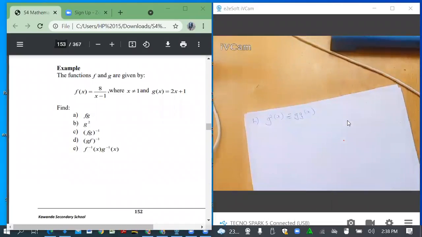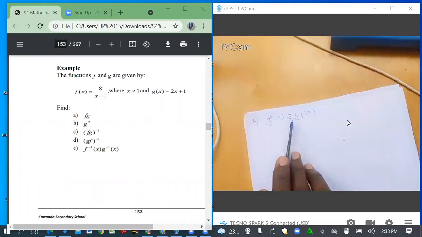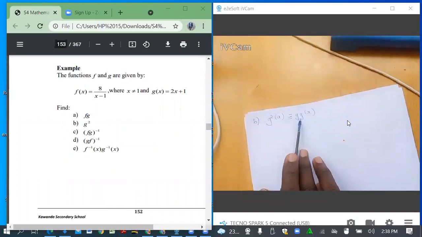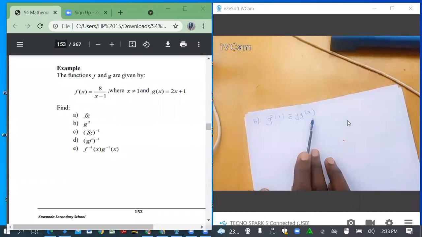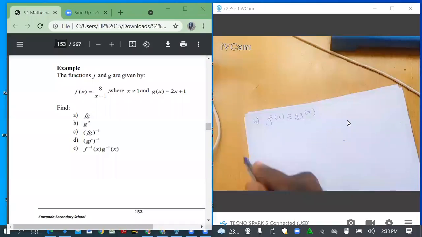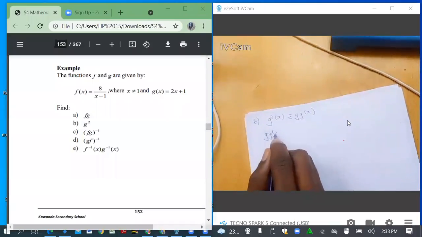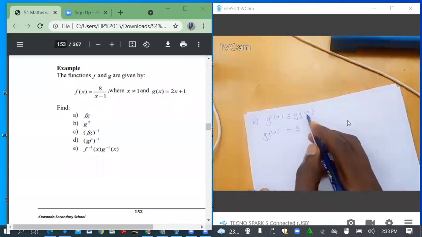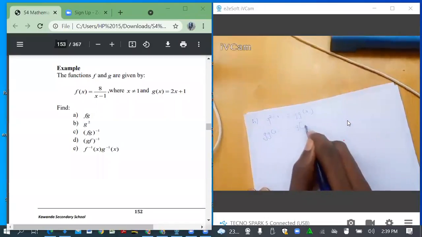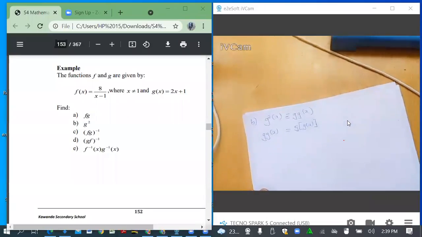So g squared of x is the same as g of g of x. We start with the one which is close to x, so it becomes g of g of x like that. Are you seeing that?